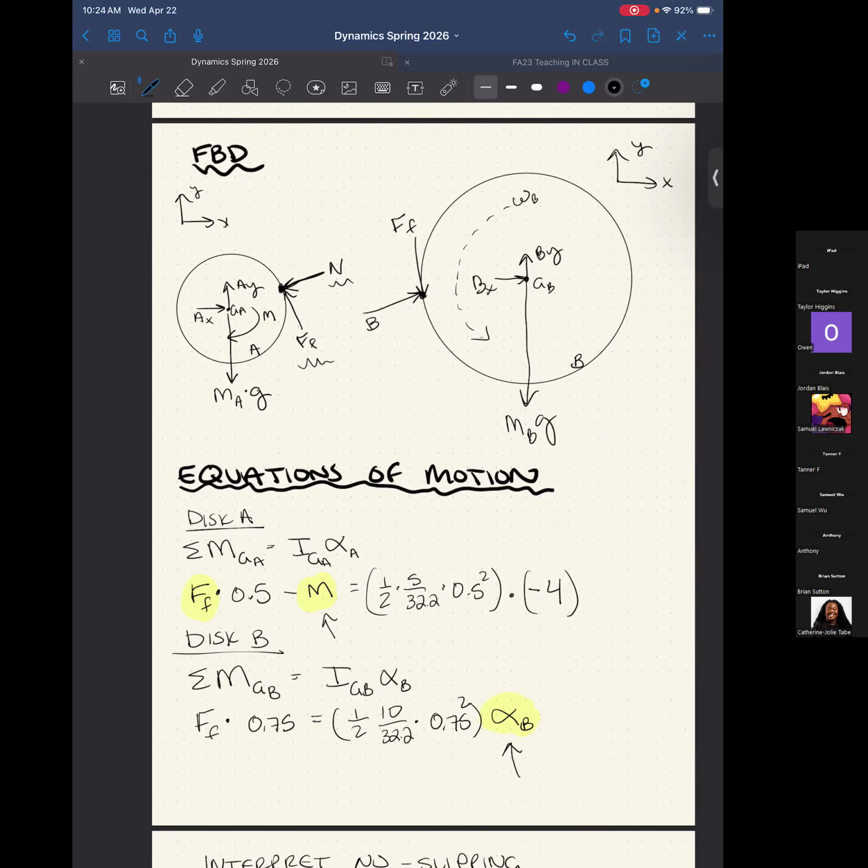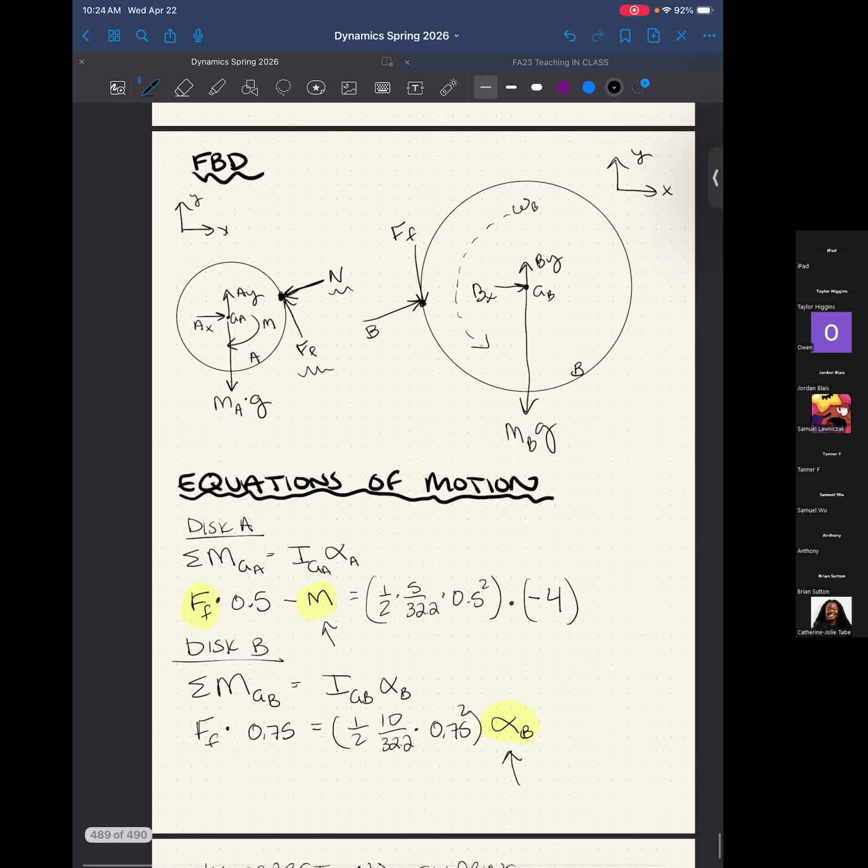Oh, are you wanting to sum about the contact point? Yeah, your unknown reaction forces would be causing a moment, and your mass would be causing a moment. That would get pretty gross, because I don't know the moment arm from AX to that contact point, nor from AY to that contact point.